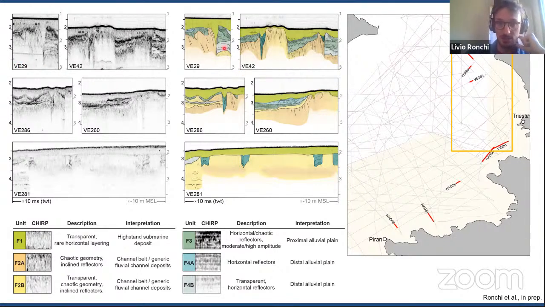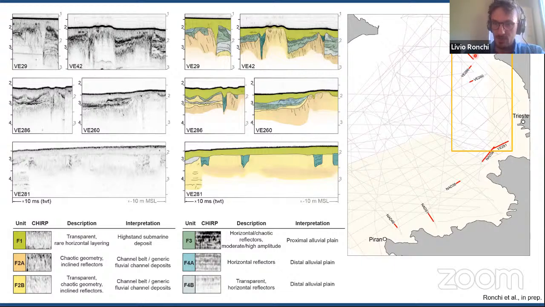On the right, the line drawing, so the interpretation, and it's very visible. I would say it's very clear. You can see the residual channels, these deep green, and also the construction architecture of the levees.